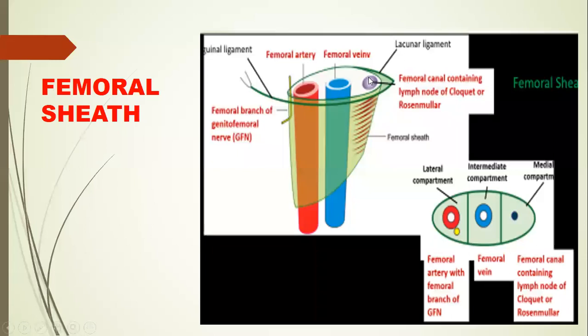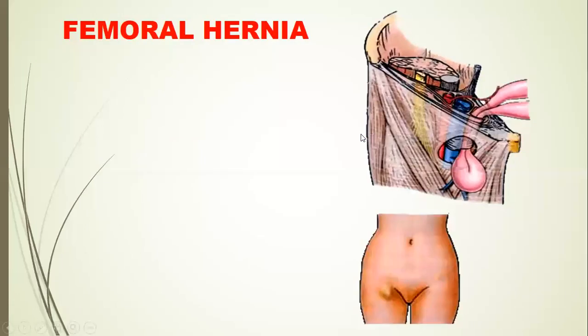When the femoral septum is depressed into the femoral canal, then there is downward pushing of the contents of the abdomen, which may be a part of the peritoneum or a part of the intestine, that enters into the femoral canal, because this is an empty space just containing the lymph vessels and lymph node. And this extension of the abdominal contents into the femoral canal is called the femoral hernia.